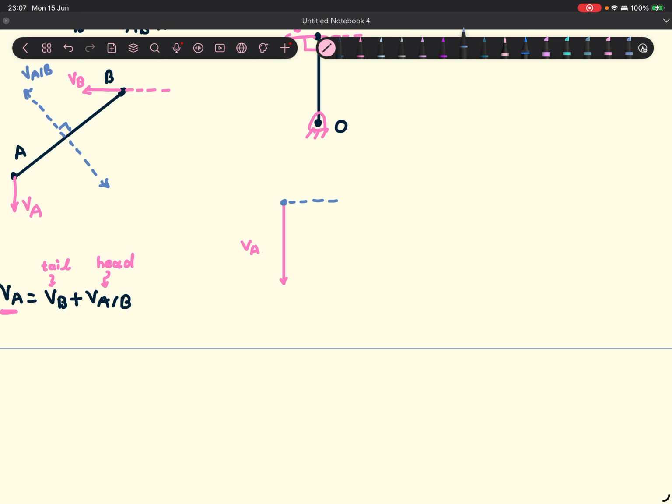So VB could either go that way or it could go that way, and it's perfectly horizontal. And VA must end at the head of VA relative to B.